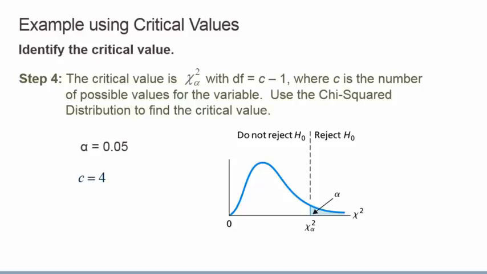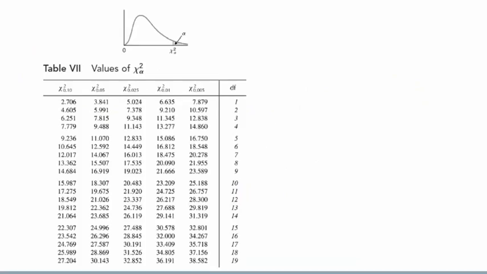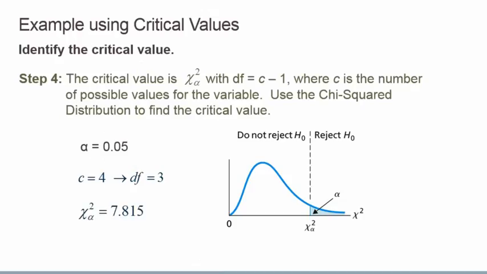We know that C is 4, which means our degrees of freedom are still 3. So going to our table, our degrees of freedom are 3, and our alpha is 0.05, and they cross at 7.815. So chi-squared sub alpha equals 7.815.